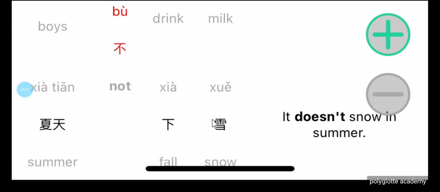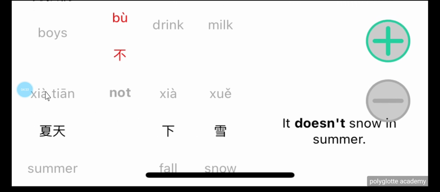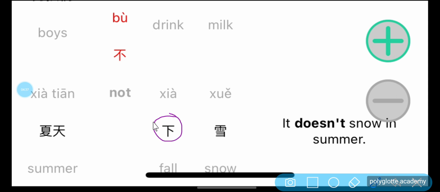夏天不下雪. Now we have the character 下, which means down, under, beneath. It's a very simple character involving 3 strokes. 下 means down, and it also means to fall, something falling like rain.